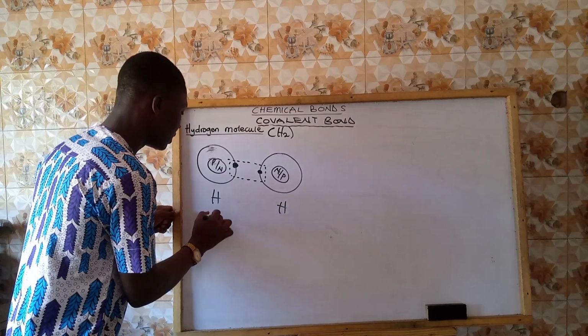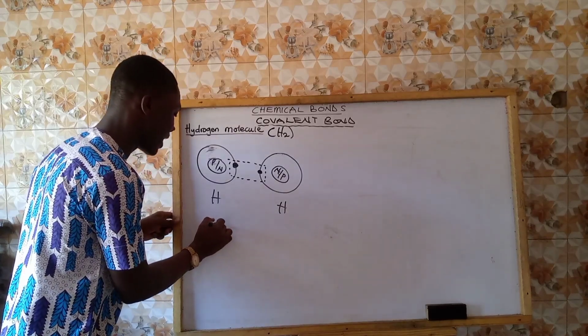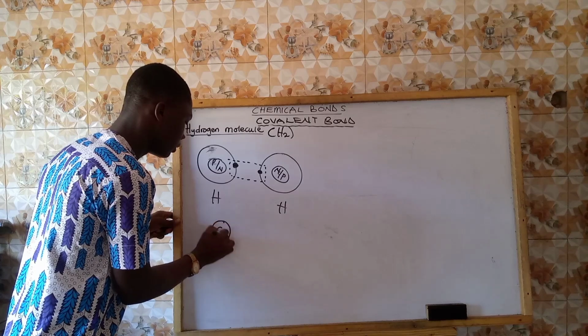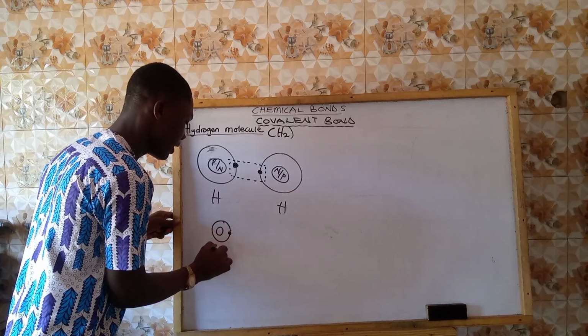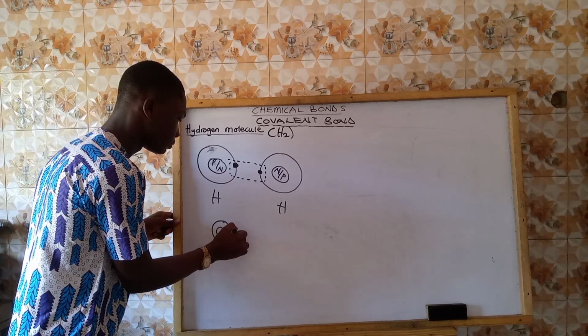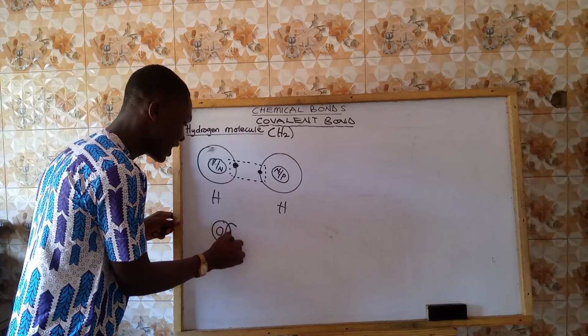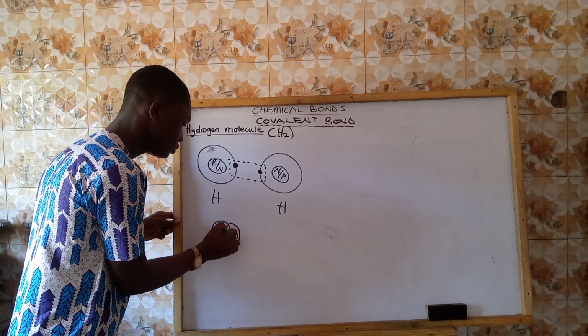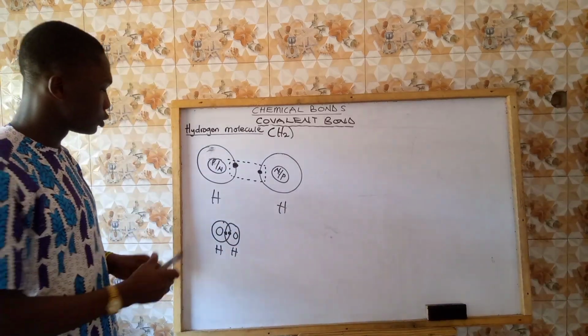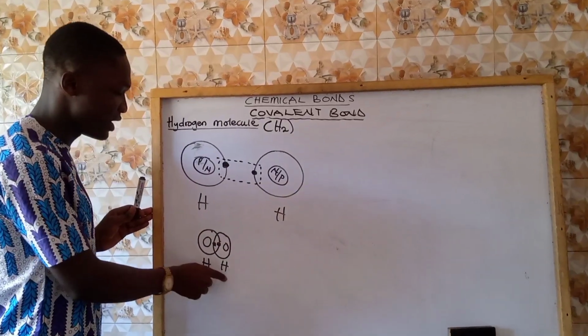So now let's draw the structure. It will be something like this. So we have this H, and then we also have this H. When they share electrons, it becomes something like this. So you have H here and H here.